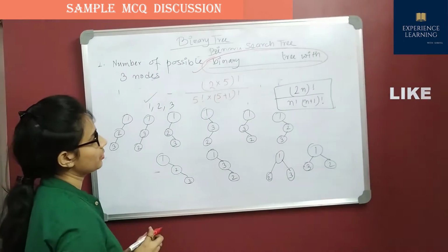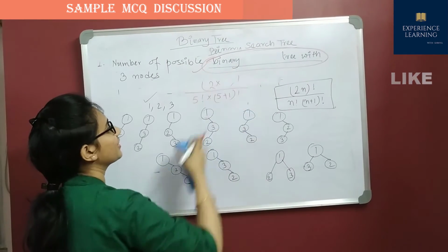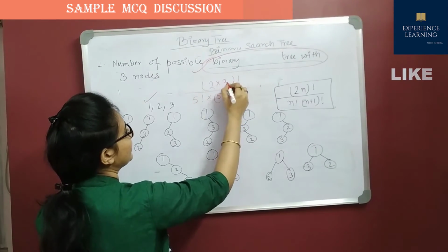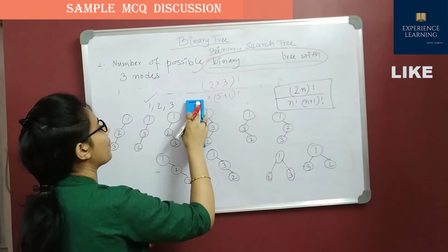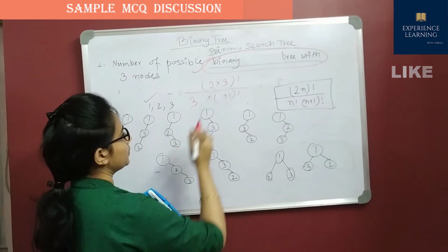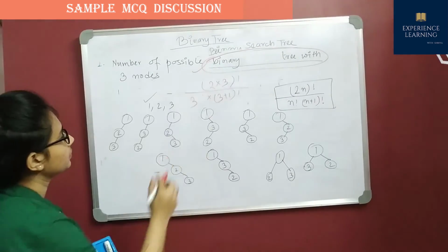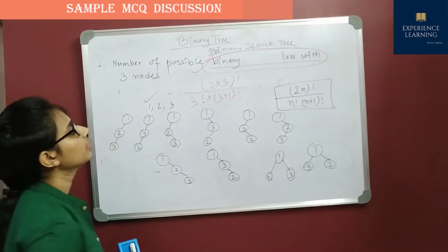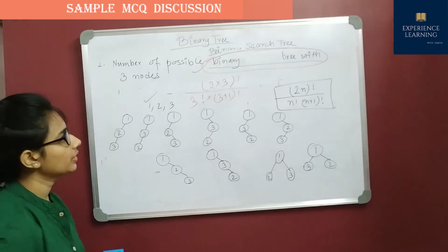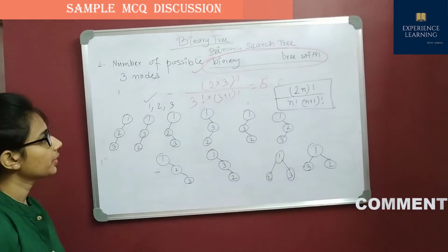Sorry, the number of nodes is 3. So you can solve this and you will get the answer as 5. Solve it.